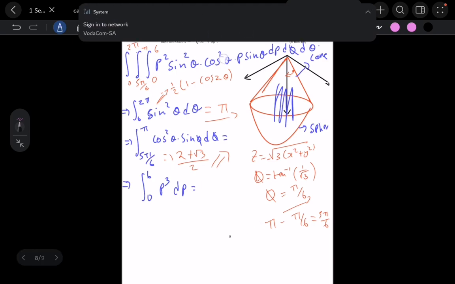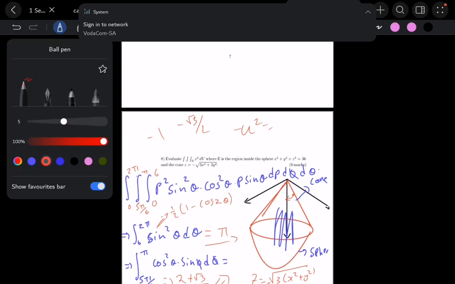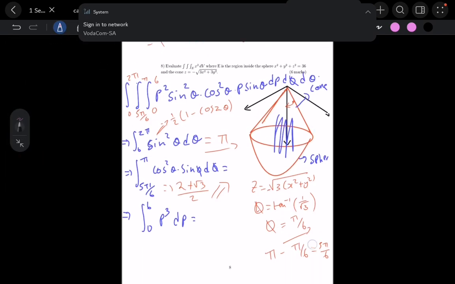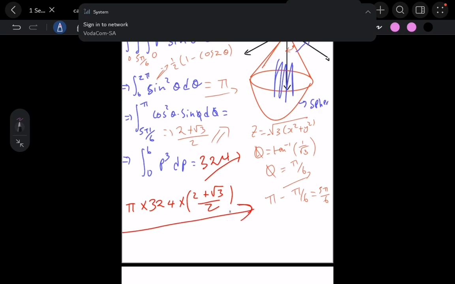You'll get 324. That is your answer. So what you're going to do next, you'll multiply these answers. You are going to say pi times 324 times 2 plus root 3 over 2. This should be your final answer.